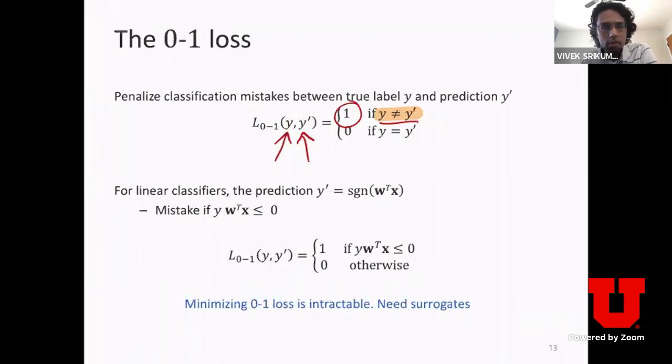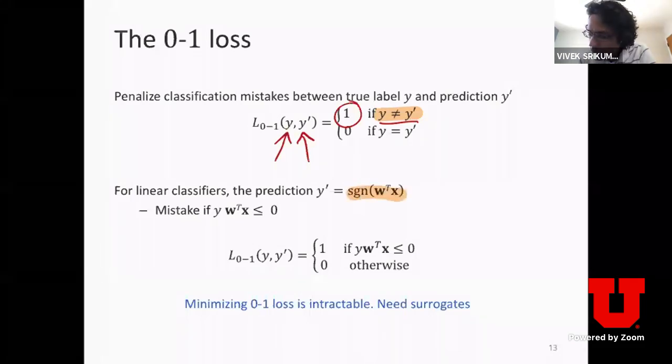If you want to ground this in the context of linear classifiers, the prediction y prime is the sign. So a mistake happens when y w transpose x is negative.